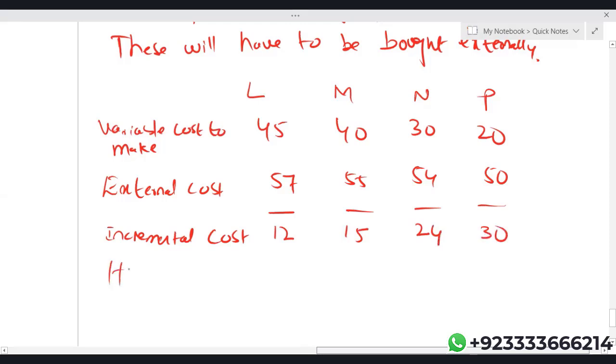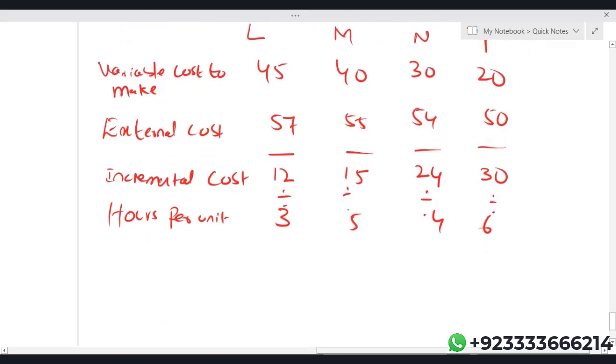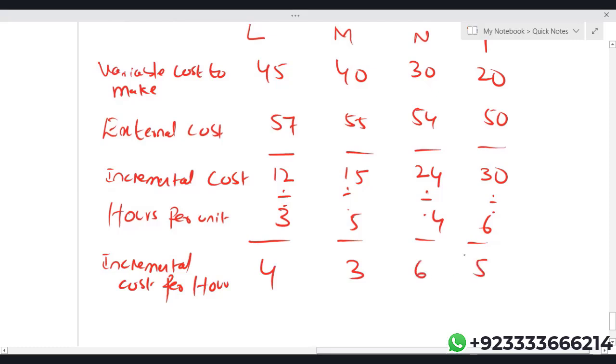Now let's see hours per unit. We need 3 hours, 5, 4, and 6. Let's see the incremental cost per hour: 4, 3, 6, and 5.